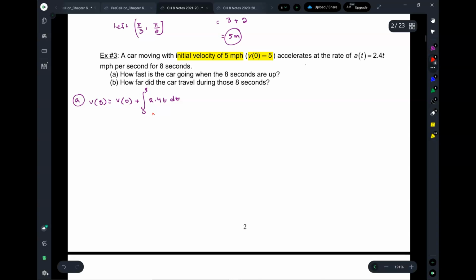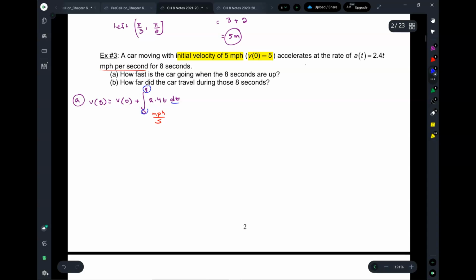This bit, the acceleration, is in miles per hour. I'm sorry, is it in miles per hour? It's in miles per hour per second, because it's acceleration. Now, you're adding this from 0 to 8 seconds.